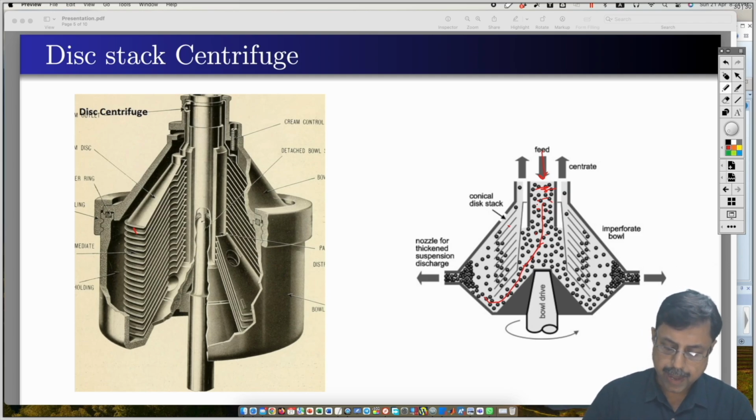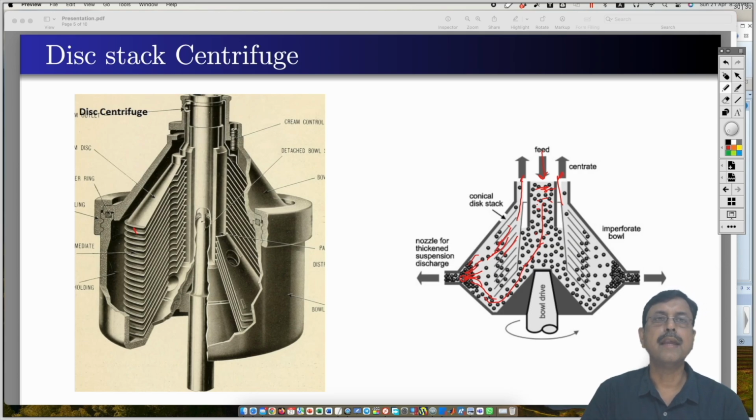Okay. As they rotate, the solid particles, due to the centrifugal force, they get accumulated at this end, and all the liquid portion, they go inwards and they are escaped through this end. Okay. This is the bowl drive which rotates the bowl.